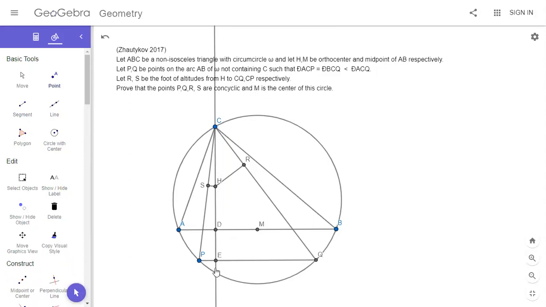so H is the midpoint of CE, right? H is the midpoint of CE and D is the midpoint of HF. I wonder if that like helps solve it.